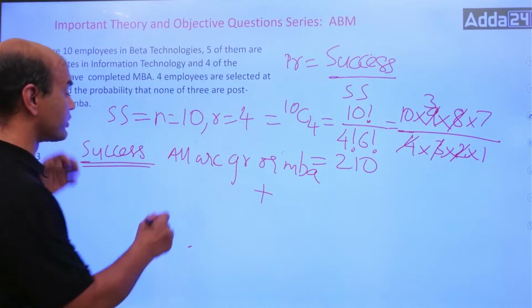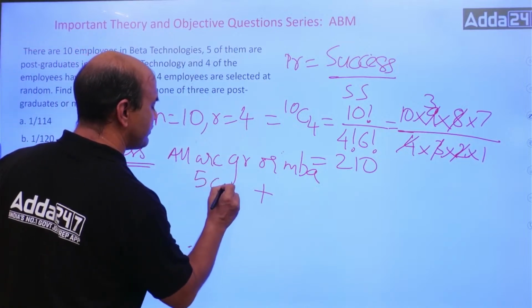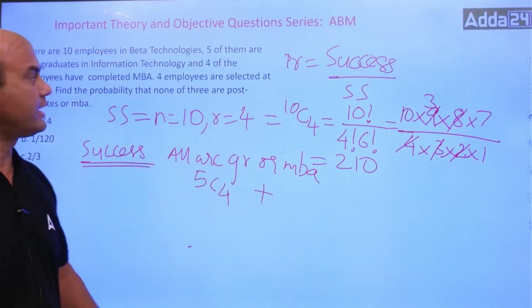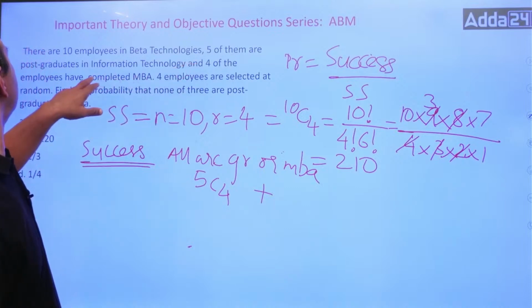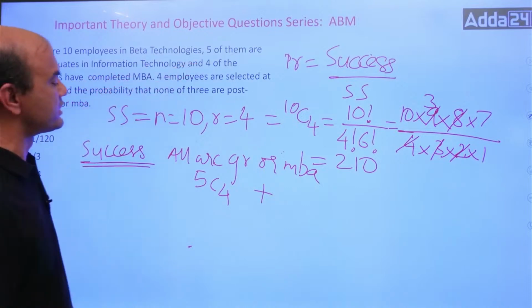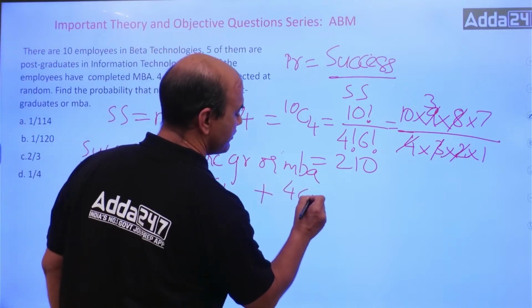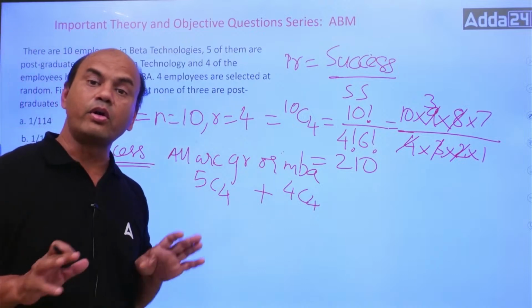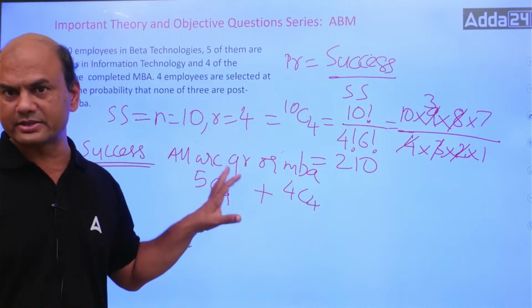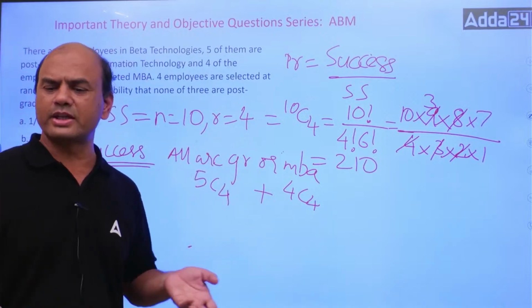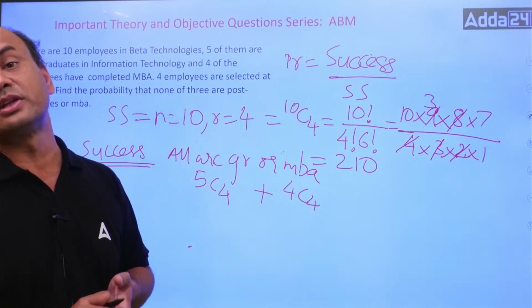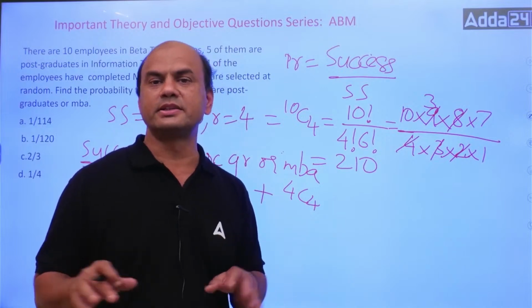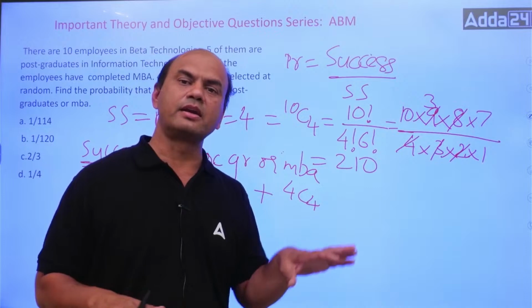So I'll select out of these 5, 5C4. Then I'll get IT graduates. Or I'll select, 4 employees are MBA and 4 are to be selected. So 4C4. We are right now finding out all are graduates or MBAs, and when we get the answer, we'll subtract it from 1. Whatever answer we get, we'll subtract it, because that is known as a complementary event. What is complementary? Both of them can't exist. When one occurs, the other can't occur.